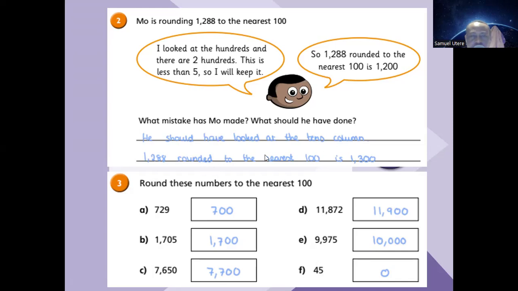Remember the method we're using: if you're rounding to the nearest 1,000, you look at the 100 column to see what digit you find there, whether it's less than 5, which is 0, 1, 2, 3, 4, or 5 and above, which will make the number round to the nearest tens or thousands or 100, depending on what you're rounding higher up. Okay, so here are the answers for these.